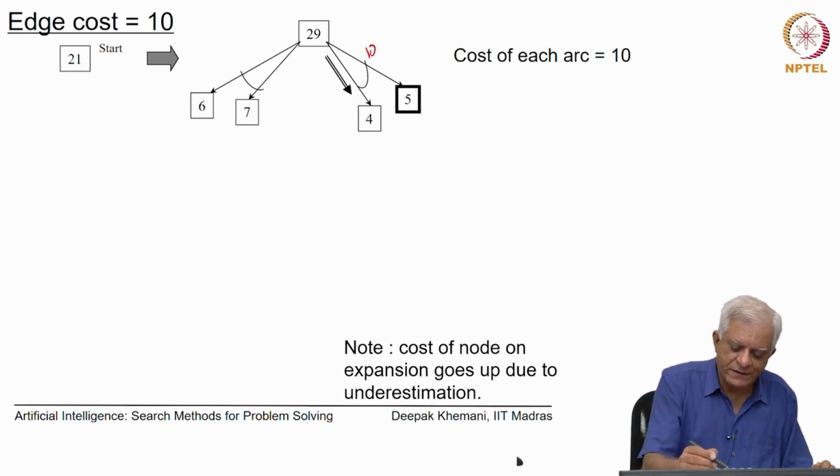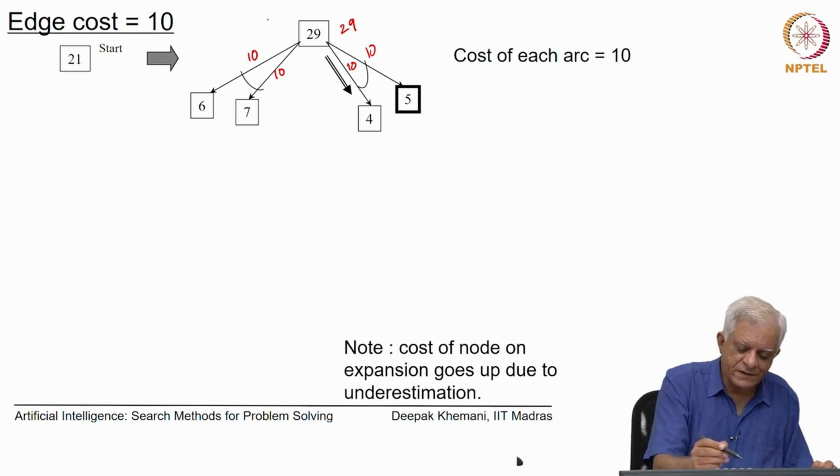So, we have 10 here, 10 here, 10 here, 10 here. So, this is 4 plus 5, 9, and 20, which is 29 this side, and this is 7 and 6, 13, and 20, which is 33 this side. So, 33 is obviously rejected and 29 is selected.